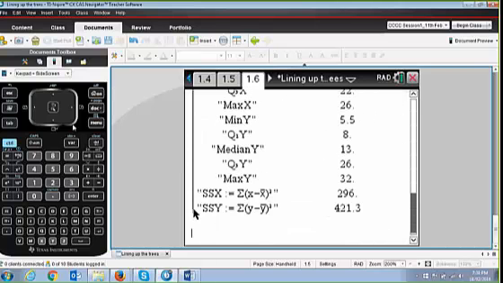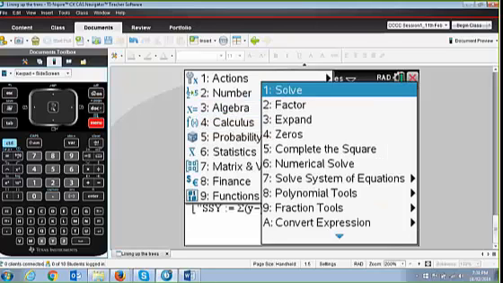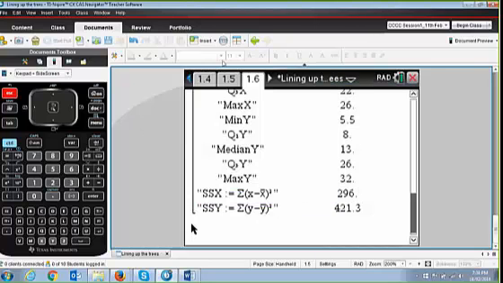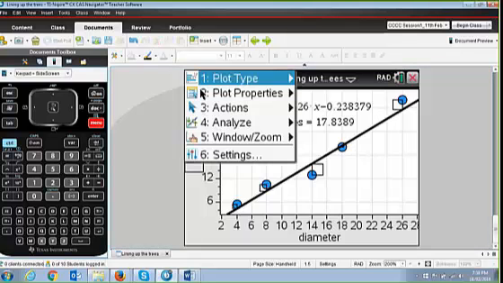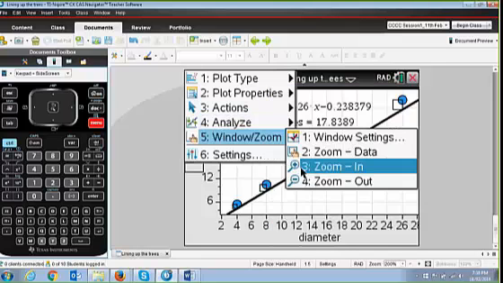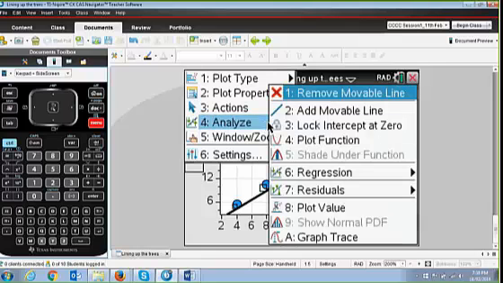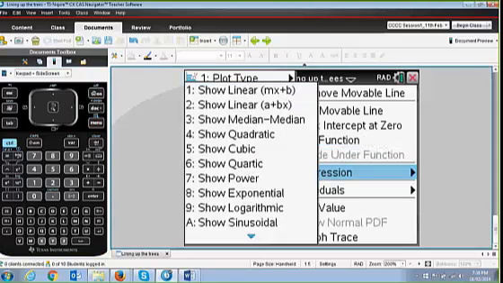But as well, what we have in here, we have the ability to go to the menu and, sorry, we have to be back on the statistics page, so I'll press escape a couple of times. We'll go back to the data and statistics page, and under the menu, we'll go to the analyze, and this time regression, item number 6, and we'll show linear. Now this is what Brian was referring to before.